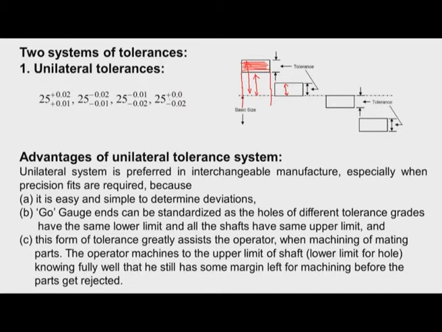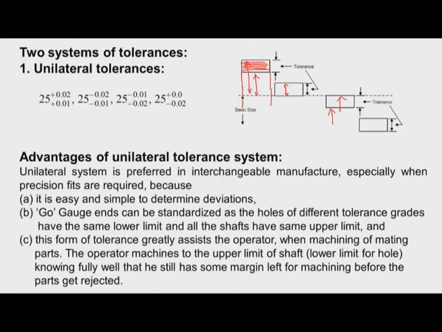Another example: this upper limit is 25, if we take this as the hole, the upper size of the hole is 25, and then the lower limit becomes 25 minus 0.02 mm. So this is the lower size of the hole.